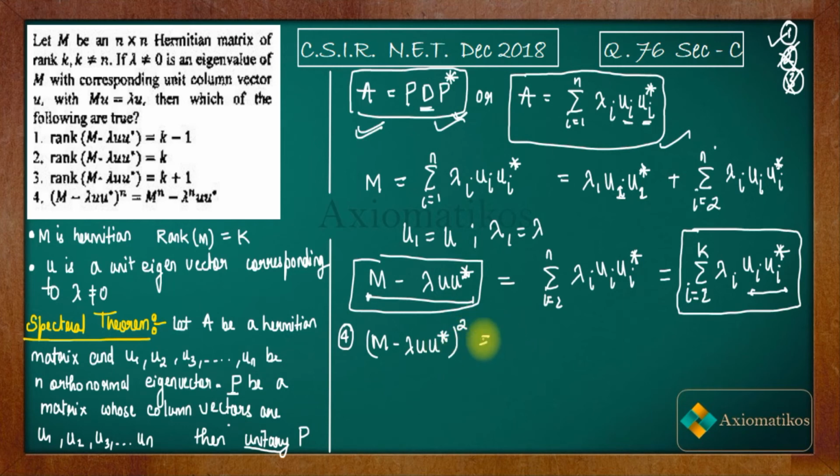If you square this up, your answer will be M square plus lambda square uu star, minus lambda times M uu star, and the last one will be minus lambda uu star M. So this is what we will get.